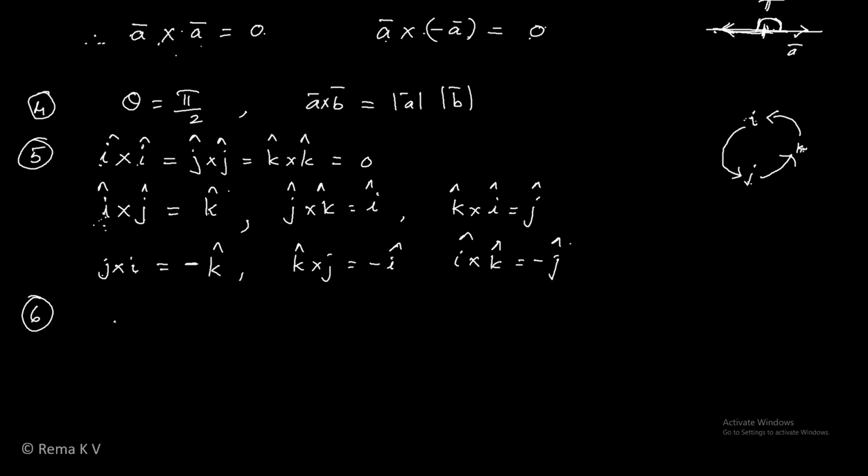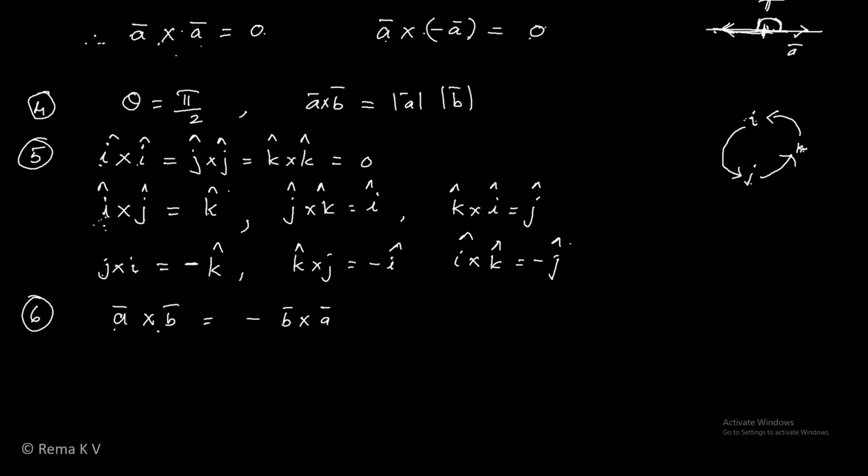So we can write here A cross B is equal to minus B cross A. In case of dot product it is commutative, but here it is not commutative, as A cross B is equal to minus B cross A. Since it is a vector, it has a direction.